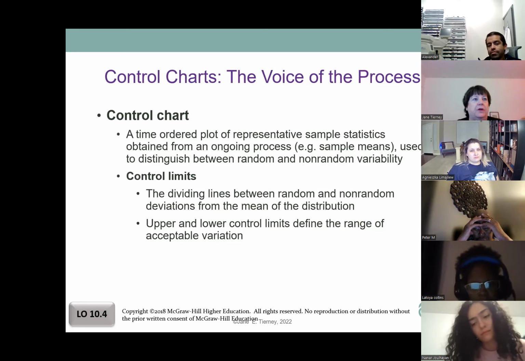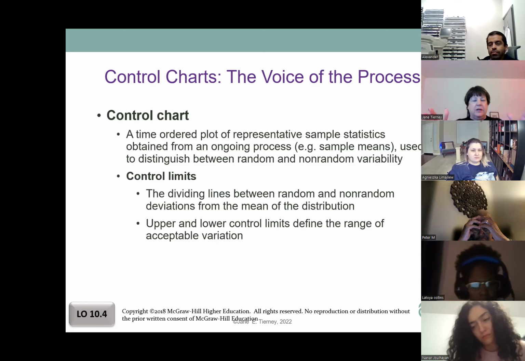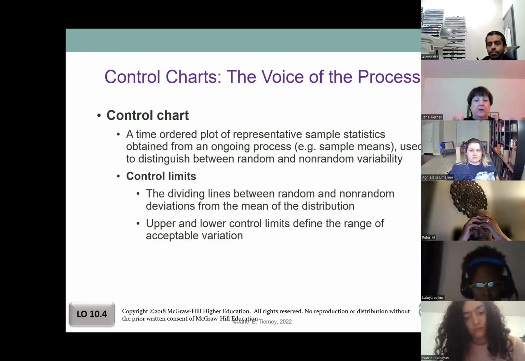So we're going to calculate some control limits. The control limits are the lines between the random and the non-random deviation. They tell us where our acceptable limits are for how much variation we can have in the process. They define that range of acceptable variation. They are not the spec limits. The spec limits tell us what's allowed by our design definition.